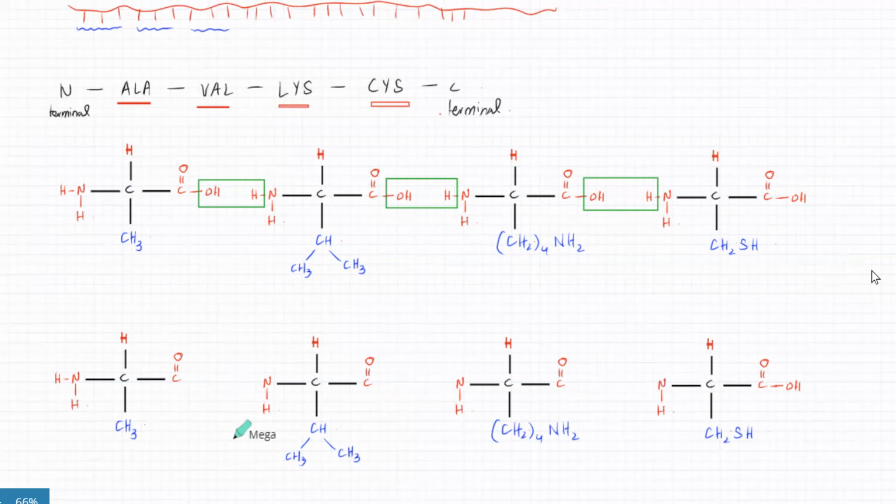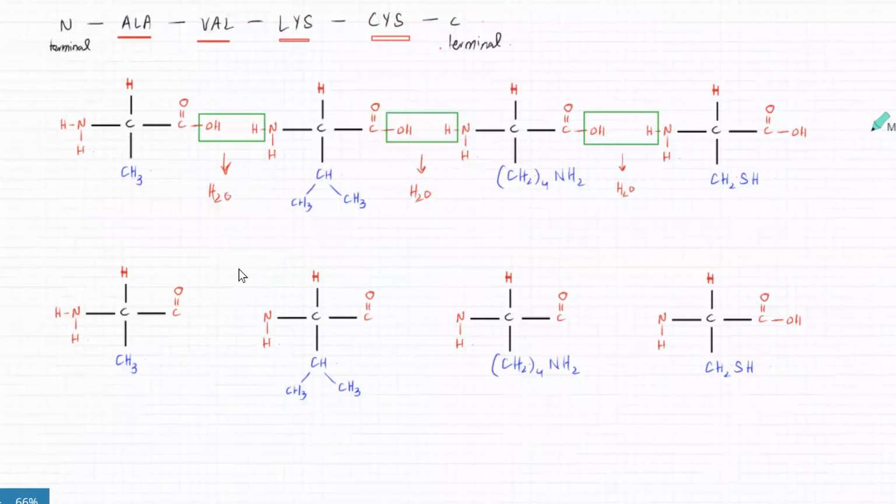They've ended up forming H2O. So all of them have ended up forming H2O, and it's a condensation reaction. Okay, so this is the point that we have reached at the moment.